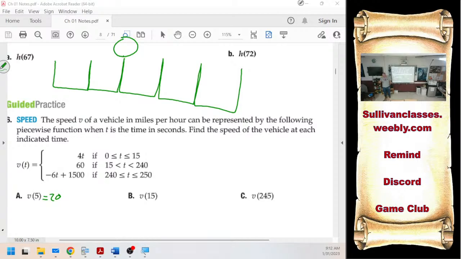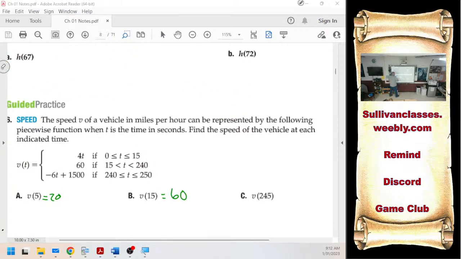It has happened before. Anyone who's watched The Price Is Right knows it can happen. But I can't hang out here. I have to pick one or the other, and that's when I look at less than or equal to versus greater than. And it says, nope, it's going to fall into this bucket. So it's just going to be 4 times 15, 60.